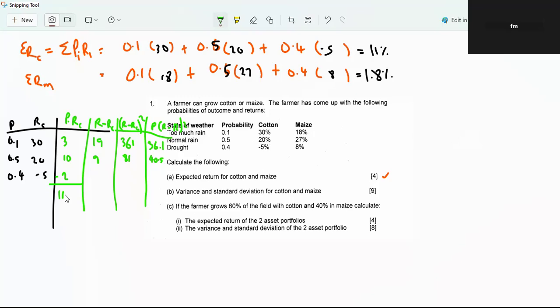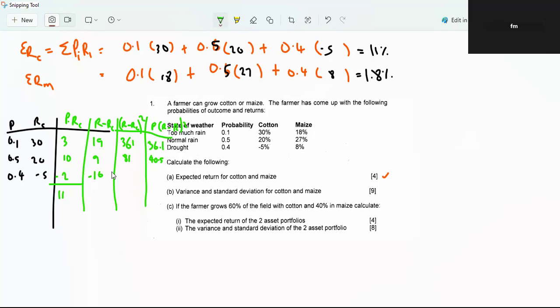And here, minus 5 minus 11 is negative 16. What do you do to the 16? You square it.